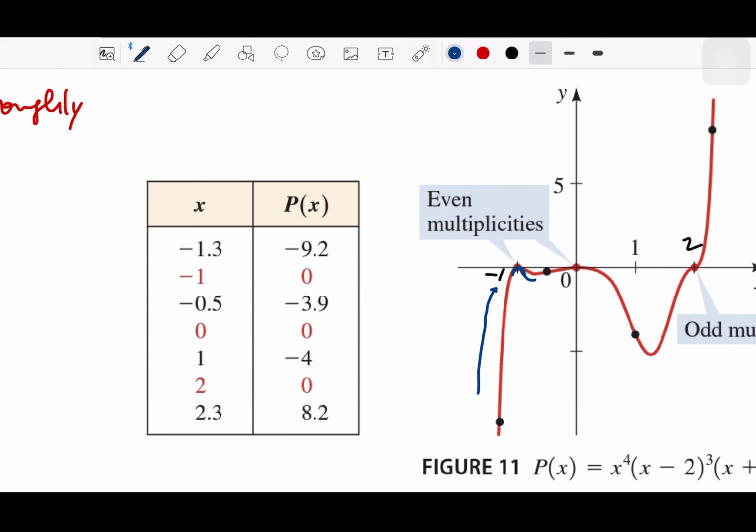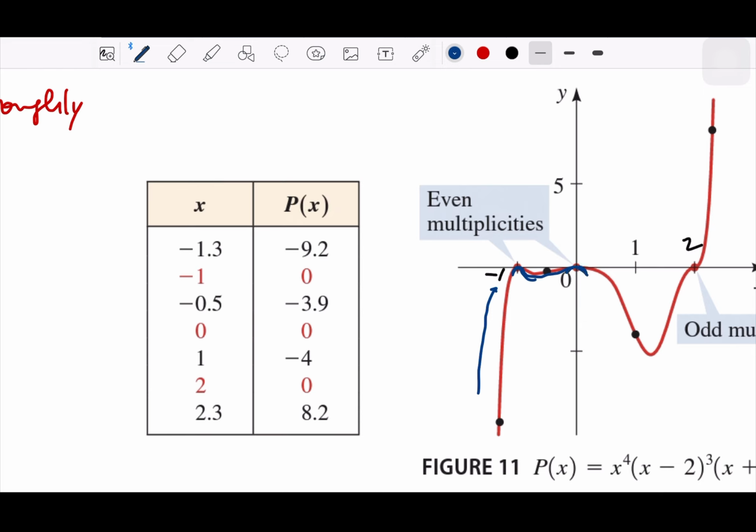We could also check with some numbers, like negative half, and after that we get through 0 again. At 0 it also has even multiplicity, so we will have this kind of graph.